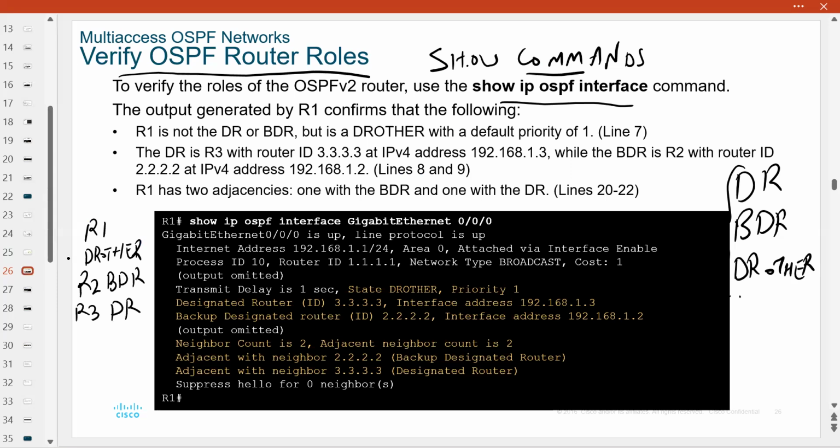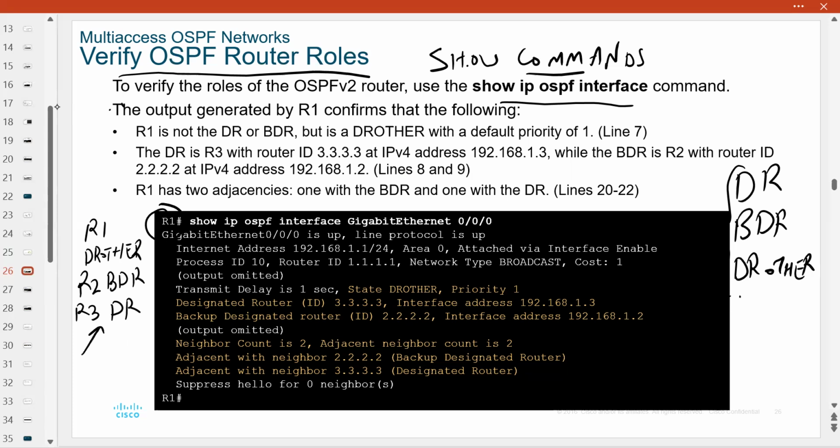So with verifying OSPF router roles, show ip ospf interface, what do we see? What we see is R1 here is in the state DR other. We can also see the DR ID, which is 333, the ID of router 3.